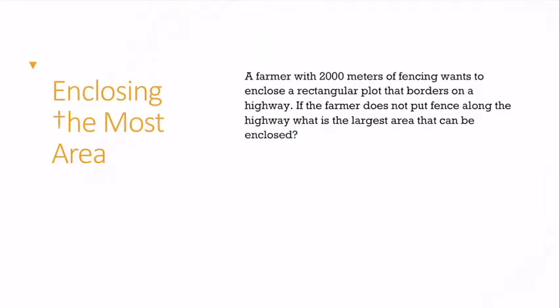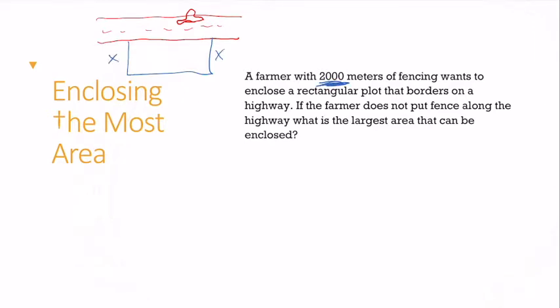Now, what if I have a farmer who has 2,000 meters of fencing and he wants to enclose a rectangular plot that borders a highway? So I've got my highway here, okay? Got little cars on my highway. Not a very good artist, but here's my rectangle. So let's let this side be x. I've got 2,000 meters, so the whole perimeter would be 2,000.